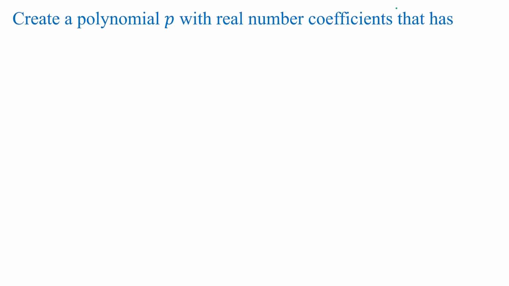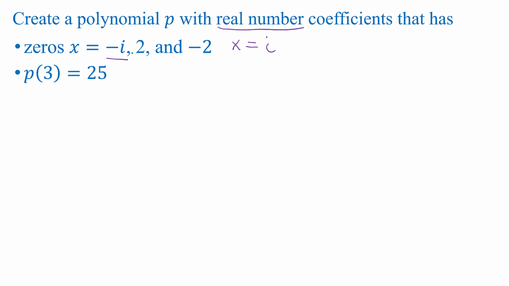Okay, moving on to creating a polynomial p with real number coefficients again that has zeros of negative i, 2, and negative 2. So with real number coefficients, we know that we also have to have a zero of x equals i, the complex conjugate of negative i. Additionally, this polynomial is to have p of 3 being equal to 25.